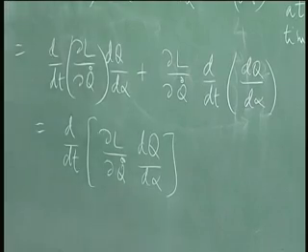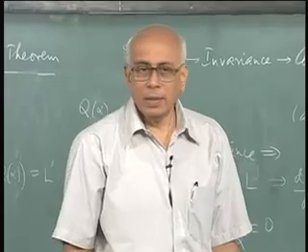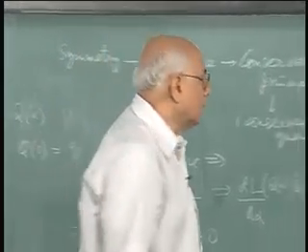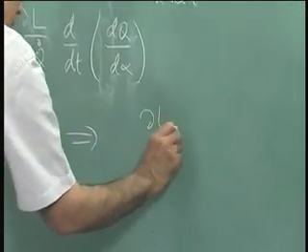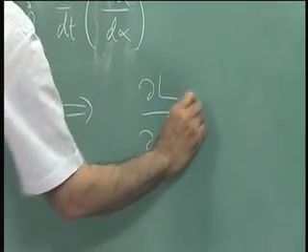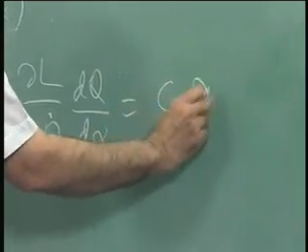So what does that imply? The quantity in the brackets is a constant of the motion. This implies immediately that delta L over delta Q dot dq over d alpha equal to constant of the motion.